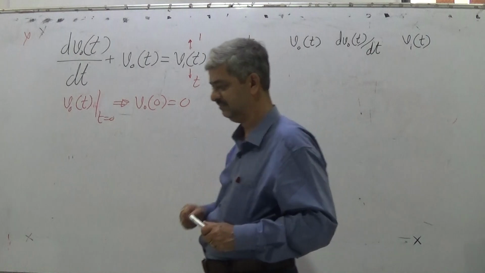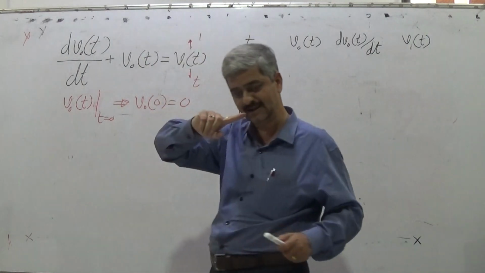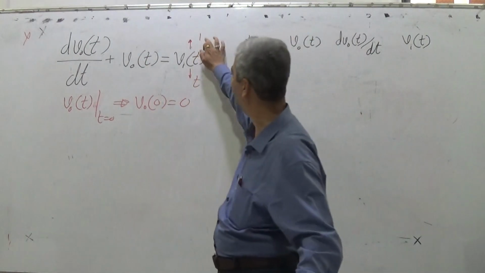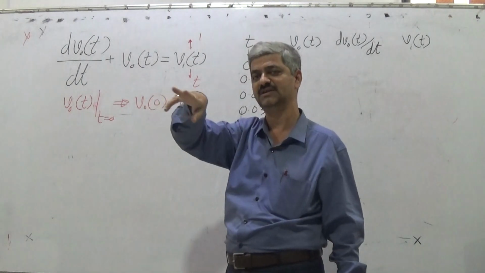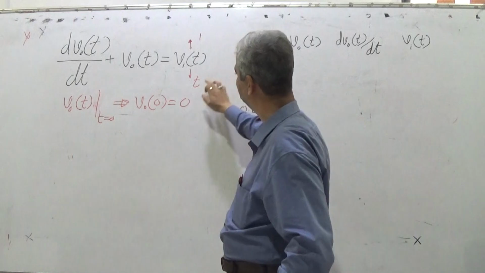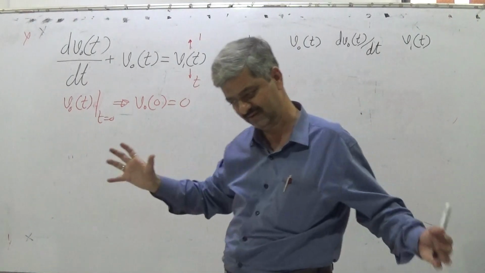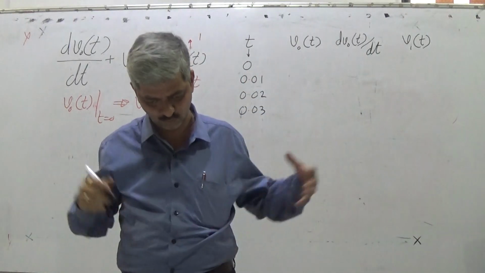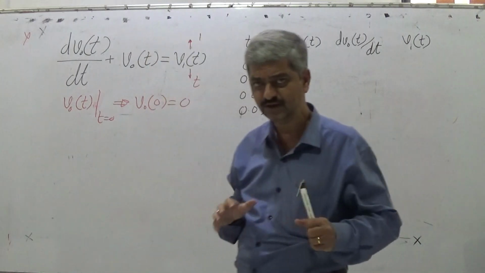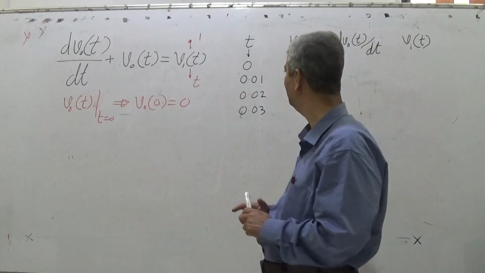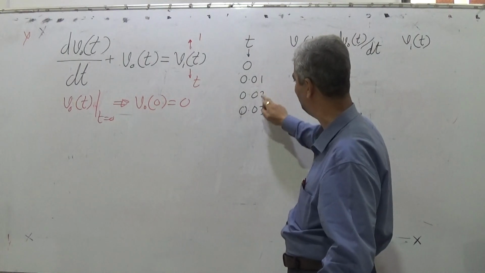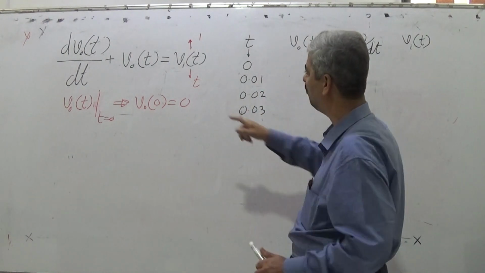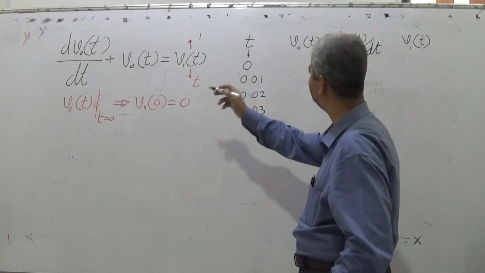So we start. Last time we solved the problem for 1, meaning we solved the differential equation using the technique which I told. Now we can solve for this, and then I will give you an overall method. So without knowing anything, what you can do is take t equal to 0, 0.01, 0.02, 0.03. What is VO 0?